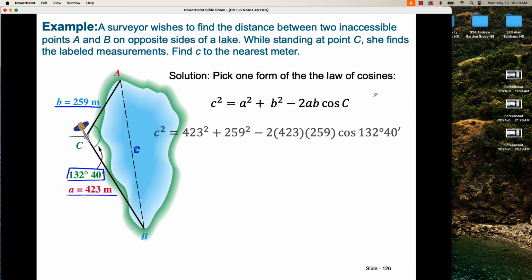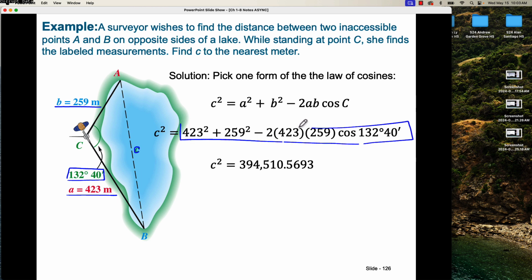This formula, plugging in what we know, 423 meters for a, 259 meters for b, 132 degrees and 40 minutes for C.